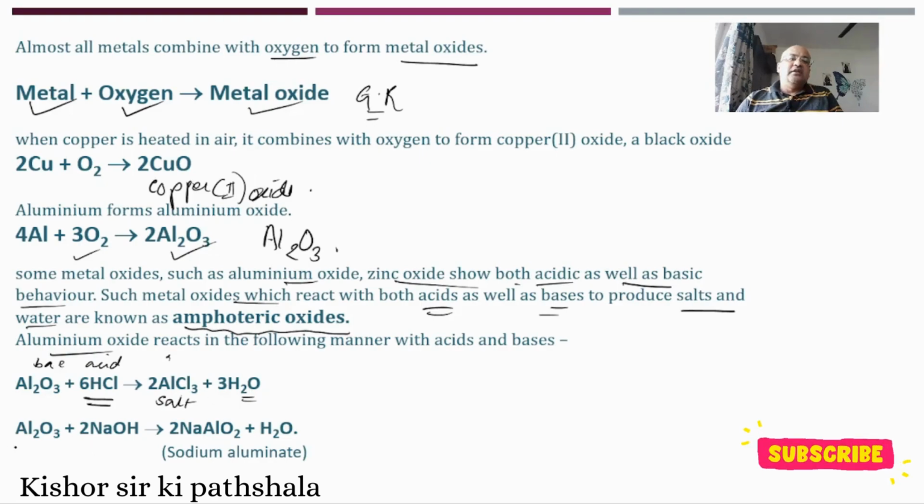Here it is acting like an acid, and this is the base, to give salt and water. So it's behaving like both base and acid. That's the reason it is an amphoteric oxide.